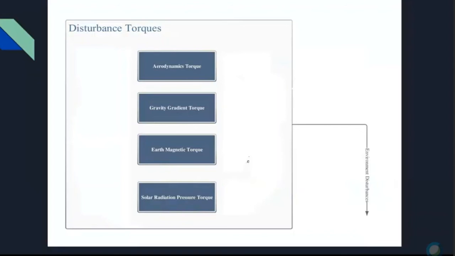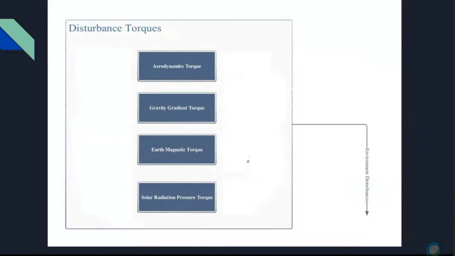Basically, the Earth's magnetic field sensed by the satellite is going to vary while the satellite is orbiting the Earth. So this magnetic field creates a torque that could affect the orientation of the satellite. And lastly, we have the solar radiation pressure torque. The solar radiation pressure varies with time and could affect the orientation of the satellite.